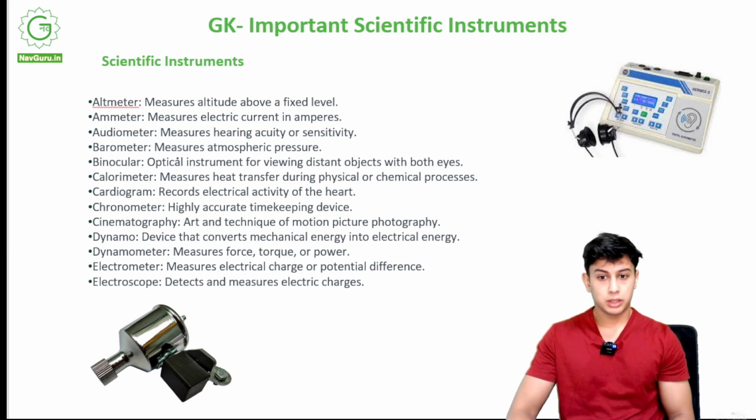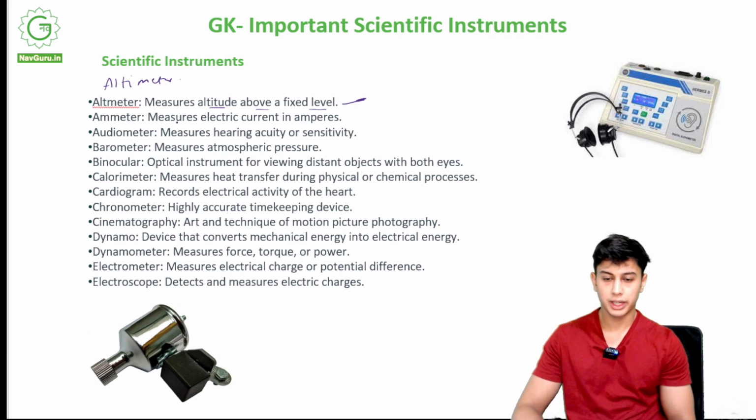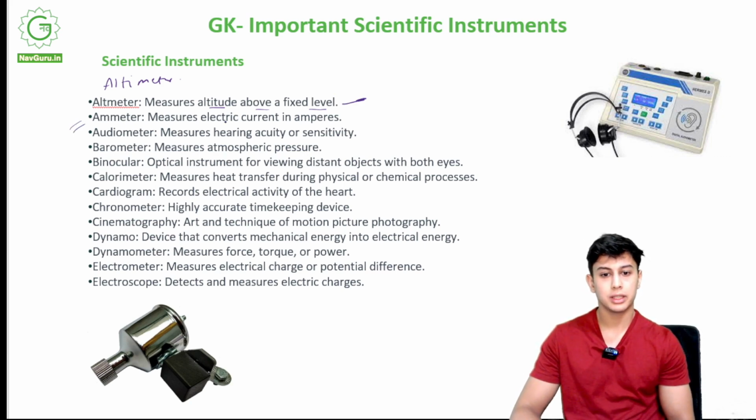So some of the important scientific instruments is the altimeter, which measures the altitude above a fixed level. Generally we take altitude above the sea level. The ammeter, of course, we studied in electricity, measures electric current in amperes.